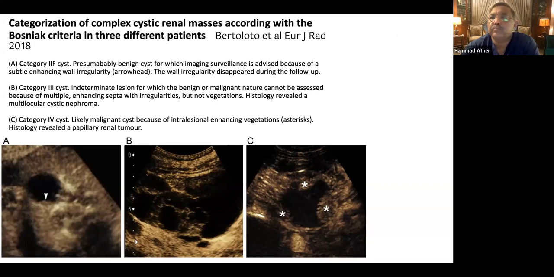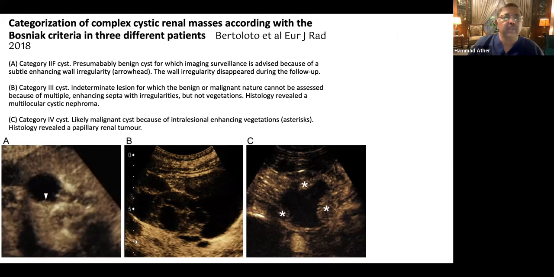We need to assign a Bosniak classification or a grade in order to define which tumors require follow-up, which tumors require surgical treatment, and which can be clearly designated as a benign lesion so the patient can be easily reassured.